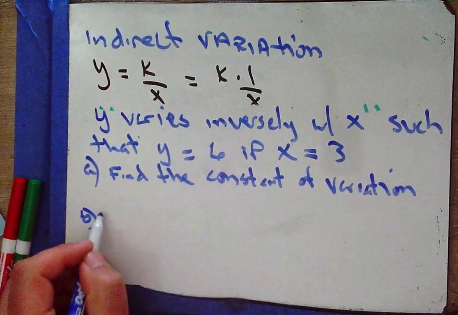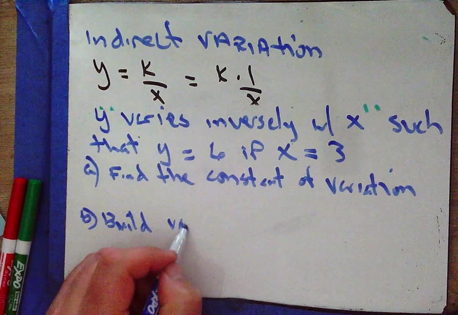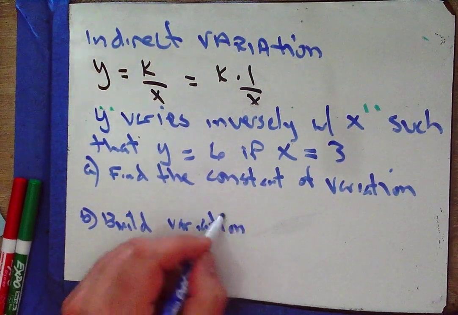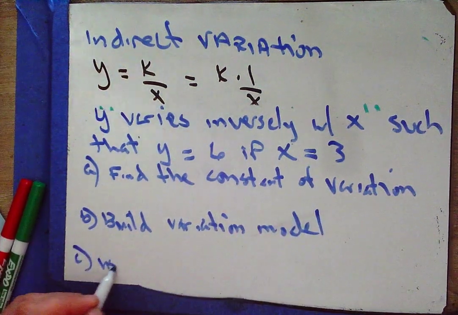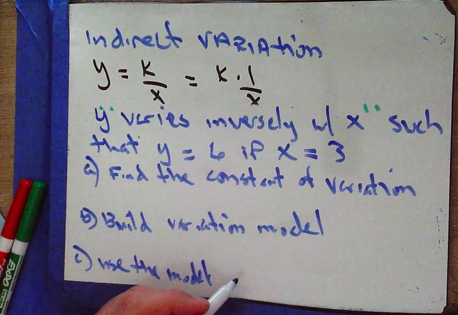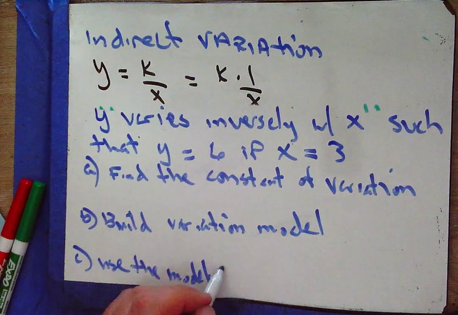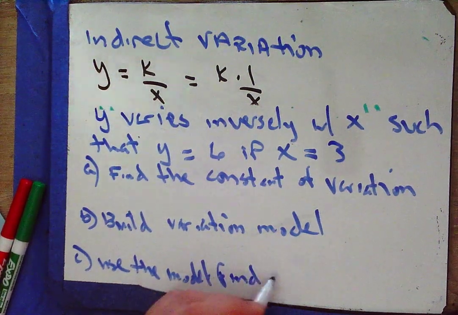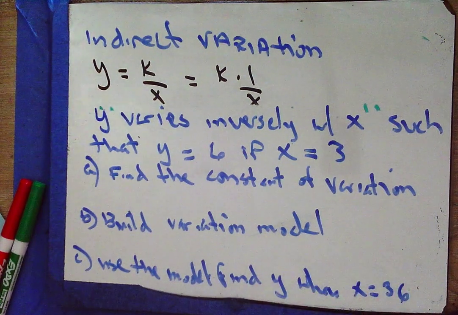B, build the variation model. And then C, use the model to find y when x equals 36.